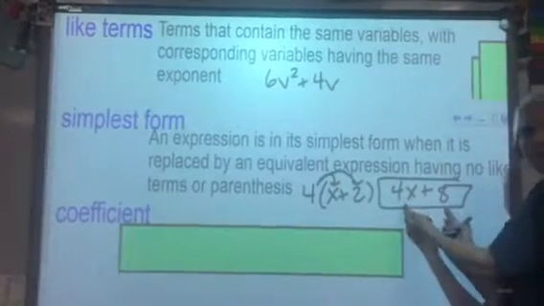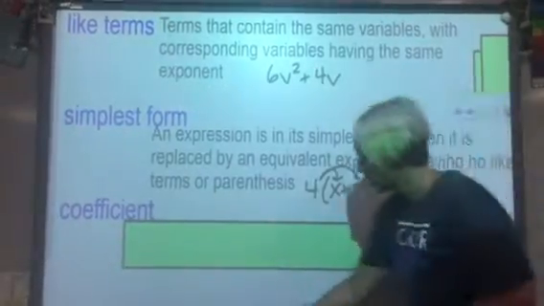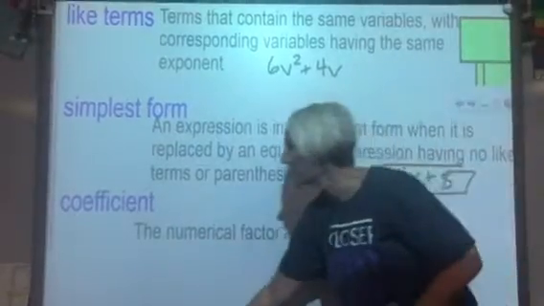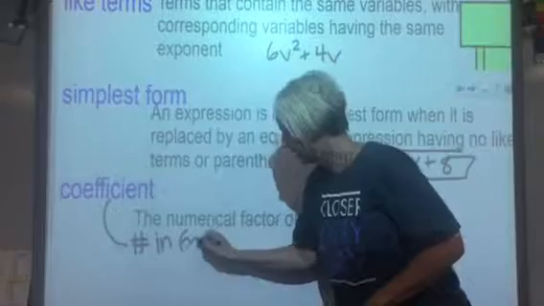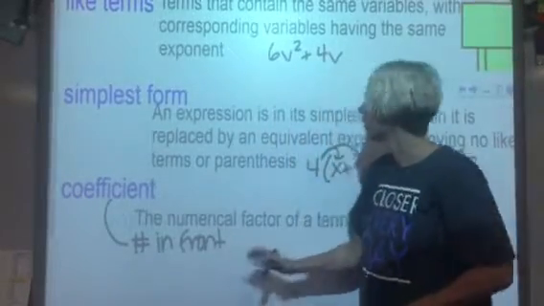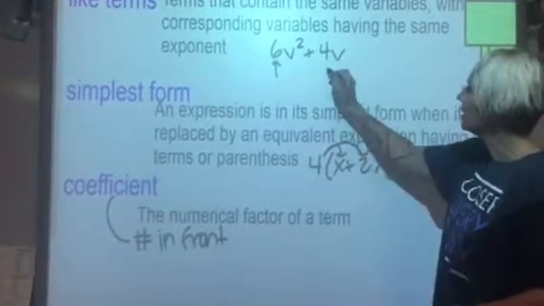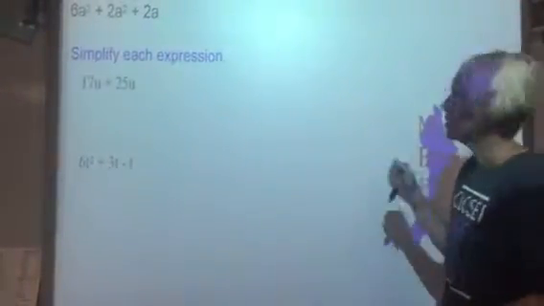This is now simplified because I cannot put anything together, no like terms. Coefficient is the numerical factor of a term. Another way to say it is the number in front of an expression, number in front. So the coefficient here is 6. The coefficient here is 4. I'll show you a couple more examples in a moment.